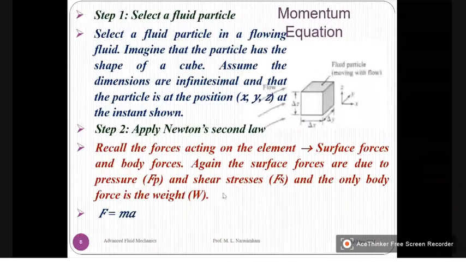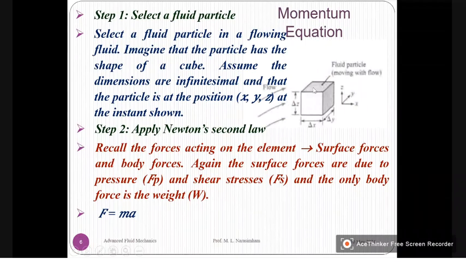Now, as usual, what we do is we select a fluid particle which has 6 surfaces, and the dimensions are delta x, delta y, delta z.